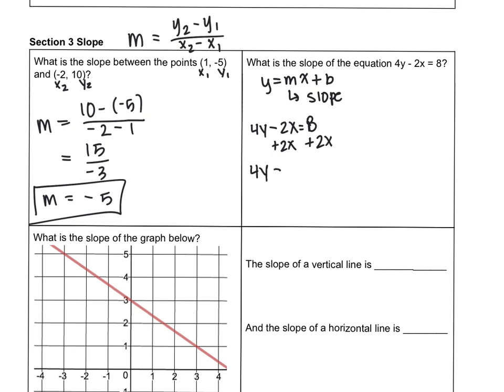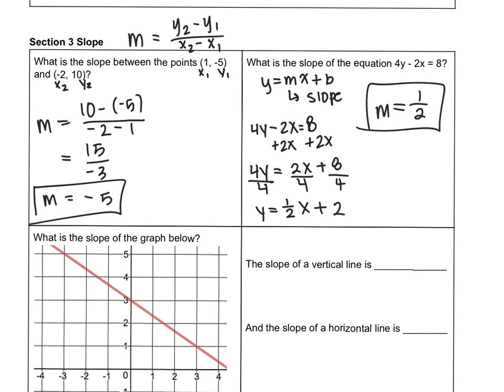So we get 4y equals 2x plus 8. Then I'm going to divide through by 4. And we get y equals, now 2/4 is the same thing as 1/2 x plus 8 divided by 4 is 2. So the slope is the number in front of x, so my slope is going to be 1/2.